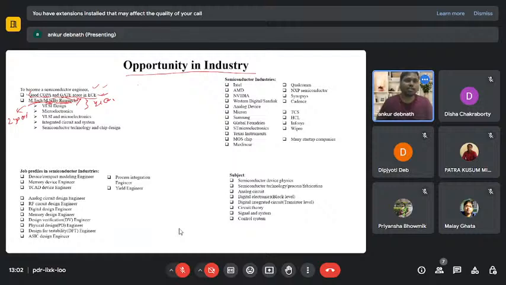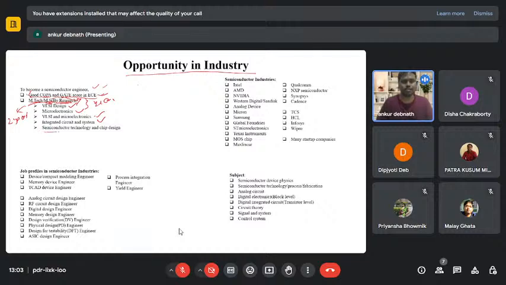Right. So now what are the different courses that you have to do in the MTech? These are the courses: VLSI design, microelectronics. Sometimes you will see a combination of both VLSI and microelectronics. Then integrated circuit system is also there. Then a new MTech has been introduced in IIT Hyderabad, I think, I'm not sure.